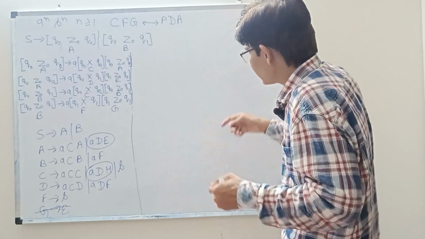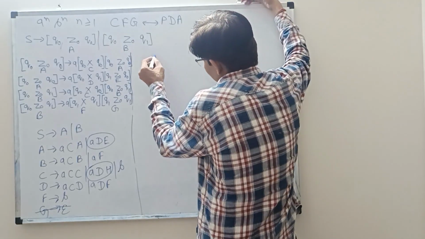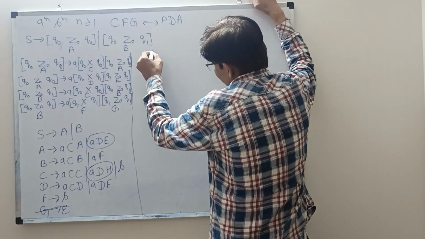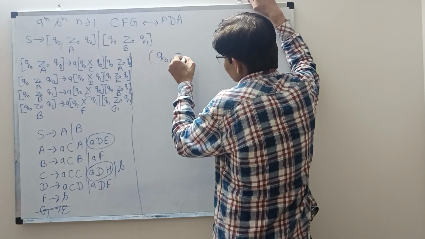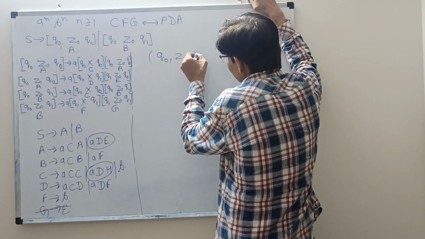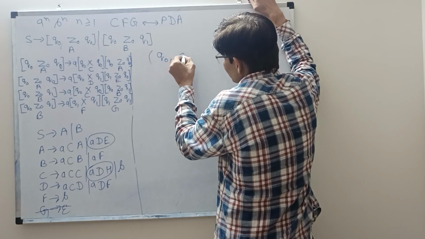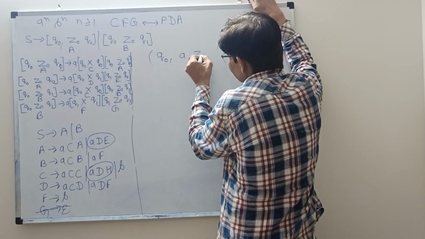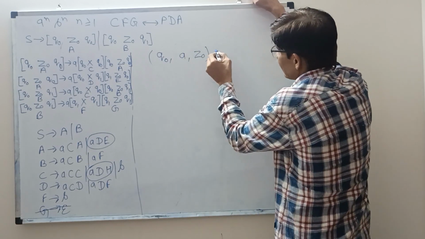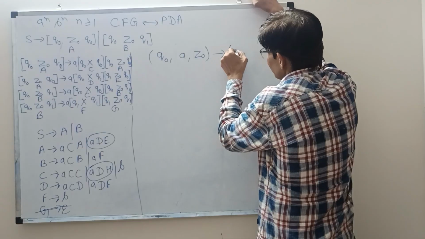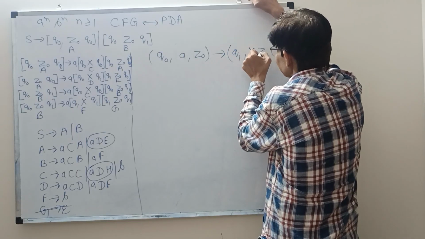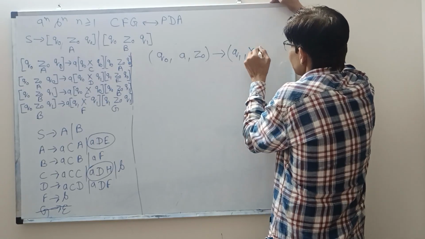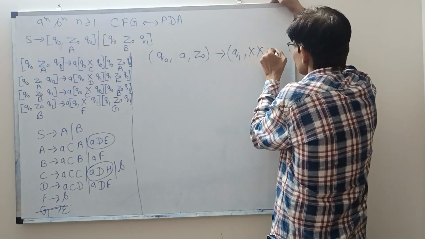So now, in case you have this kind of production, like Q0, Z0 and Q. We have Q0, we are reading A, Z0 is the stack top, and then we have Q1, then we have XXZ0.